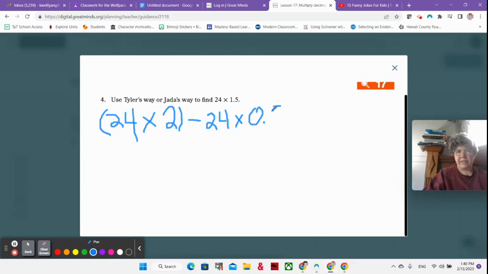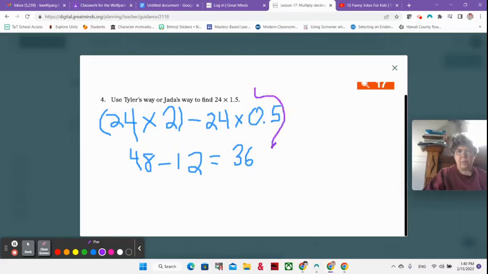Yeah, kind of interesting compensation. So 24 times 2 is 48. If you didn't know that, then you could multiply it, but a lot of people know it because there's 24 hours in a day, right? And then we're going to take away 24 times 5. Well, we know that that's half of 24, right? Because it's multiplying by 5/10. And then 48 minus 12 is 36, right? A different way of thinking about things. You might like it.